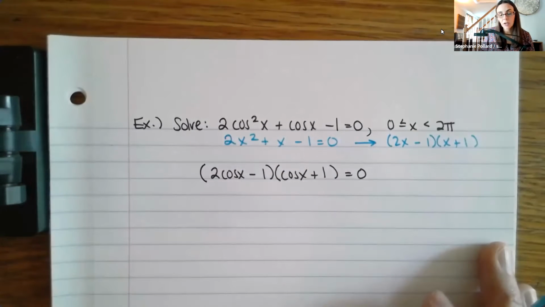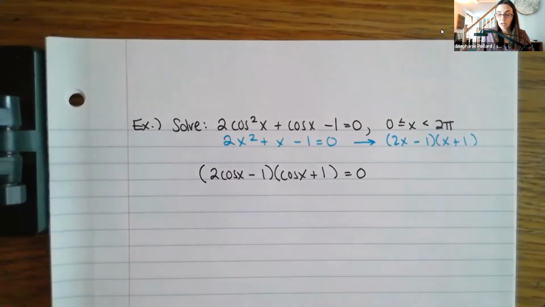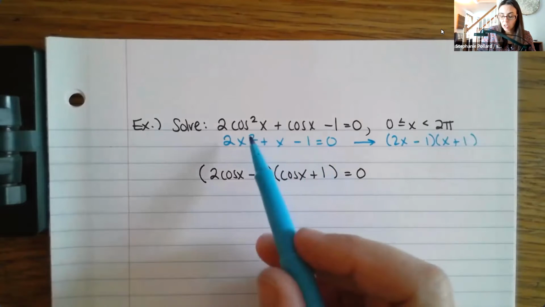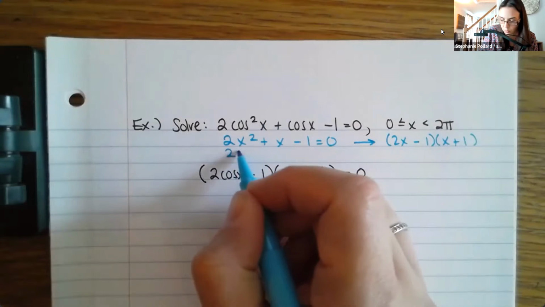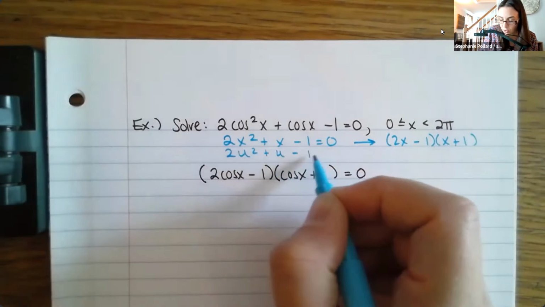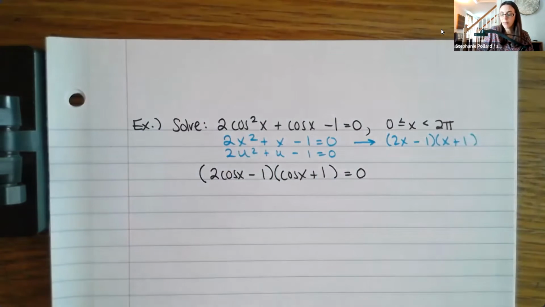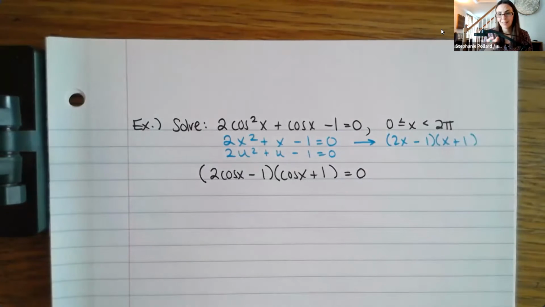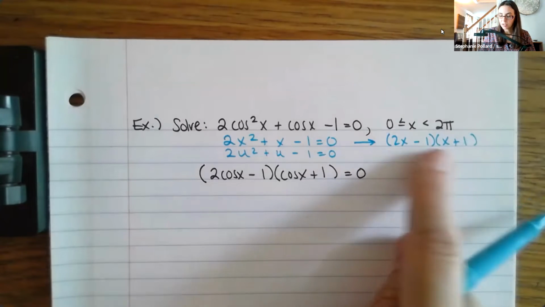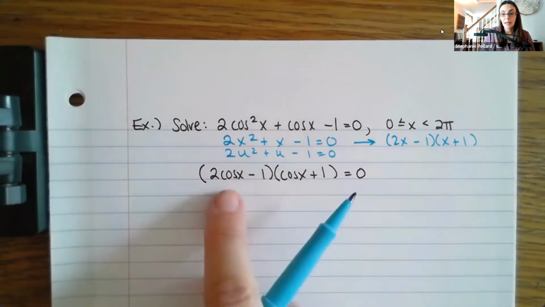So if you're trying to factor a trig function, I would recommend either just changing it to x, or usually we use u's. So you'll see it look like this, 2u squared, which is a substitution technique to figure out what that base factorization is. And then you can bring back in the trig part. So I have that base factorization, but instead of x, it should be cosine x's instead.